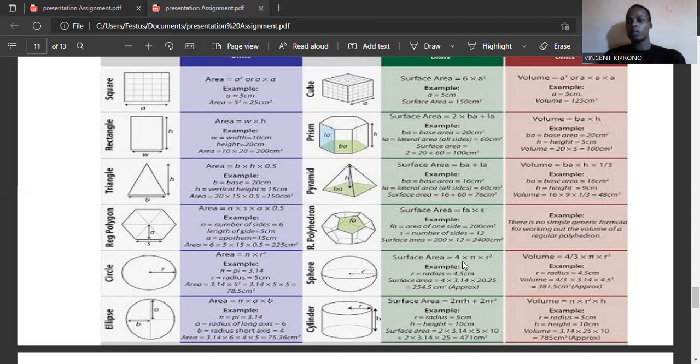So we shall say 4/3 pi r cubed. Okay, and we have our pi, that's 3.14. We multiply by our radius, that's 4.5 cubed. So when we multiply, we shall have 381.5 centimeters cubed. That's how we find the volume of a sphere.